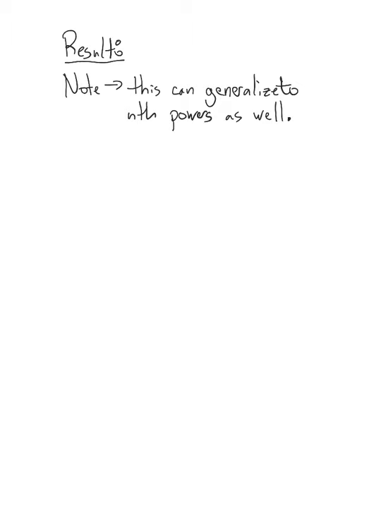So here's my result, is that a number, let's call it n, a number n is a square number. I'm going to use this biconditional notation.